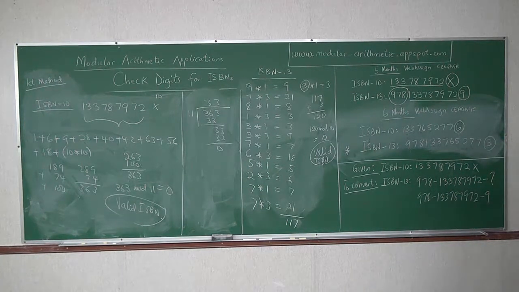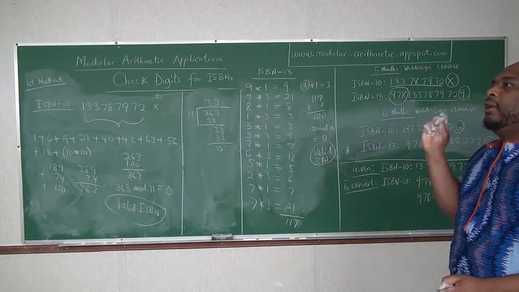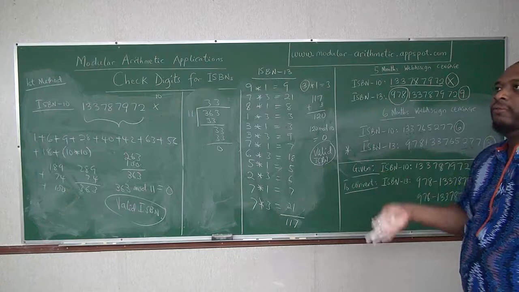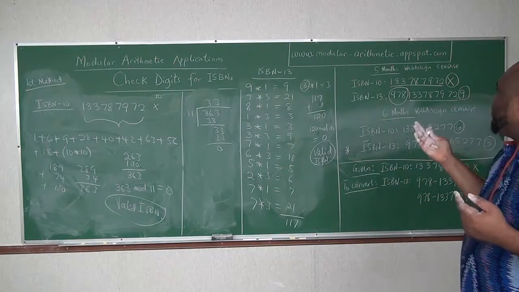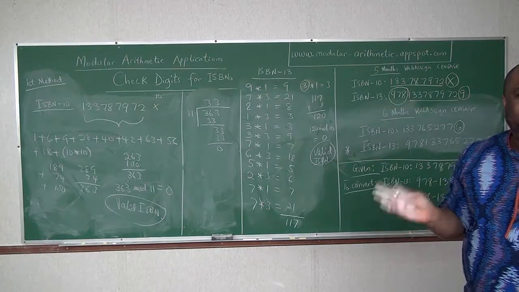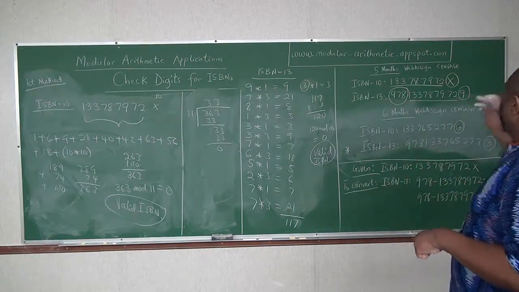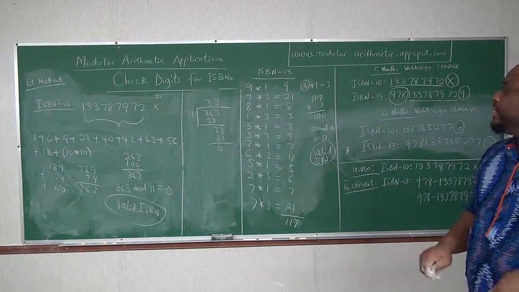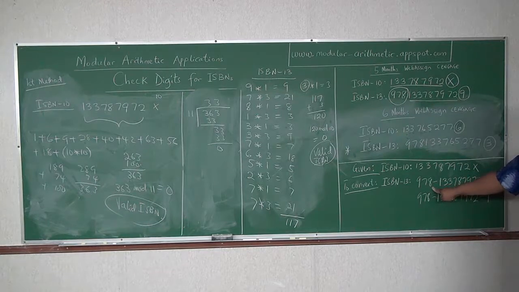So, to convert from ISBN-10 to ISBN-13, first thing you do is remove the check digit. When you remove the check digit, instead of 10 digits, you have 9 digits. Then you append the 978, 3 digits.